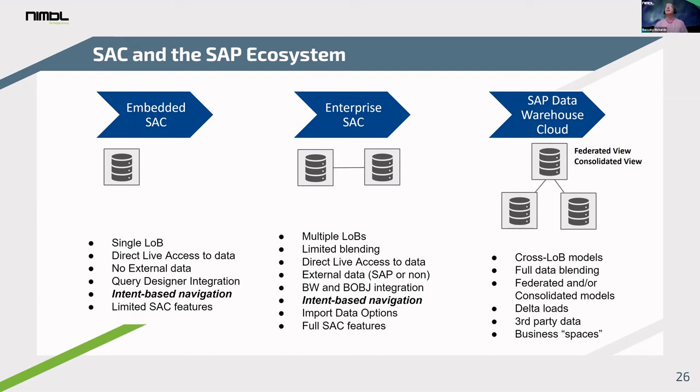Many of you may say, well, I don't have Data Warehouse Cloud, but I have SAP HANA as a data warehouse. That's fine. BW would be fine as well, obviously. But really what I want to illustrate here is that as you move from left to right, the complexity of the data modeling requirements that you have is really what drives your choice.